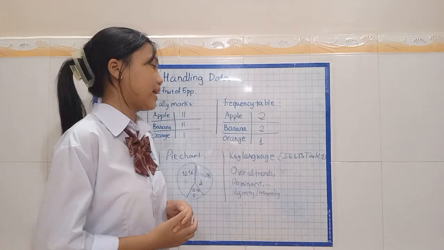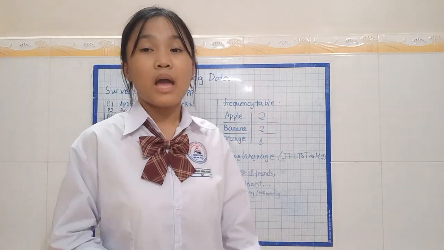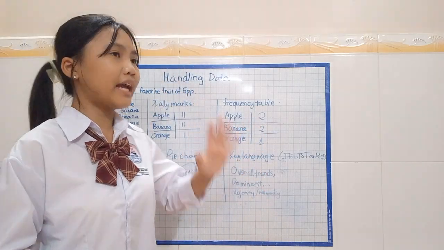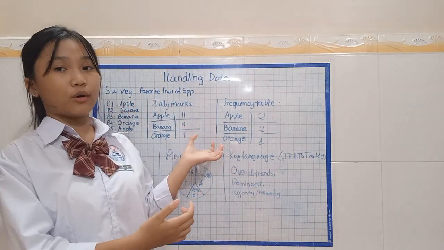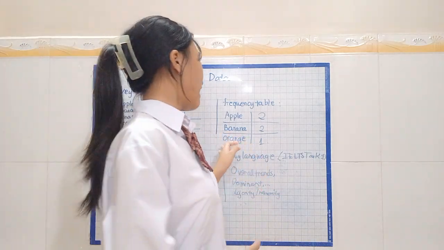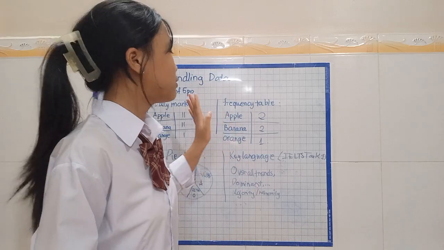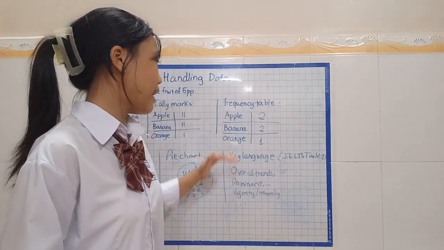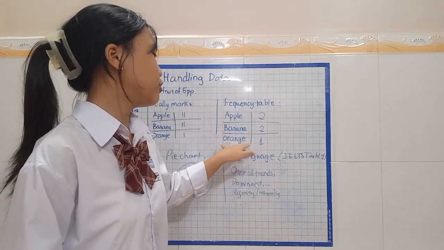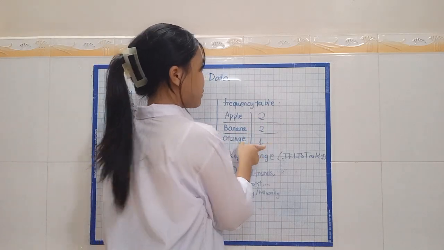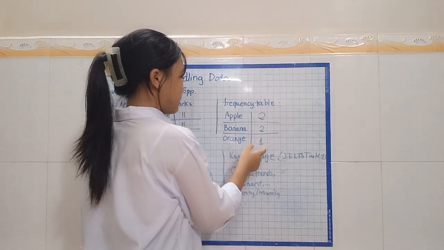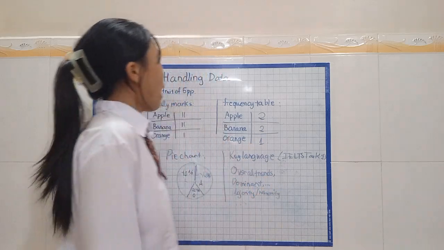Next we have the frequency table. Frequency tables work kind of like the tally mark tables I've shown here. I want to draw a table with 2 columns and 3 rows, with the 3 categories, and the 2 columns are the fruit name and the frequency, or amount.